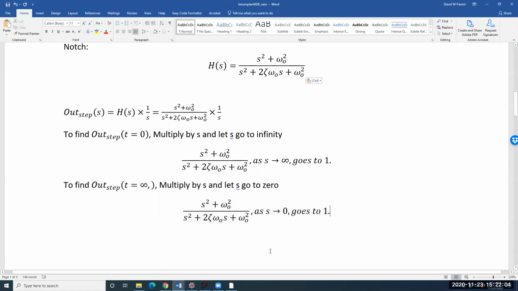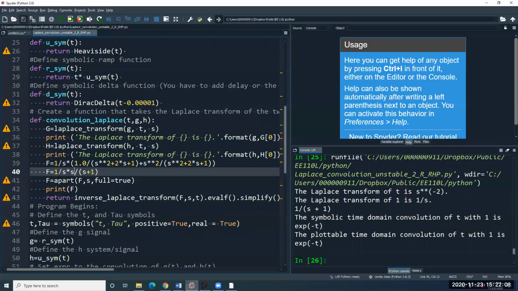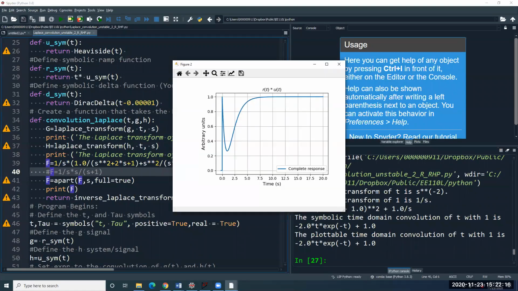It goes to 1. Voila. Starts at 1, ends at 1, and goes down.